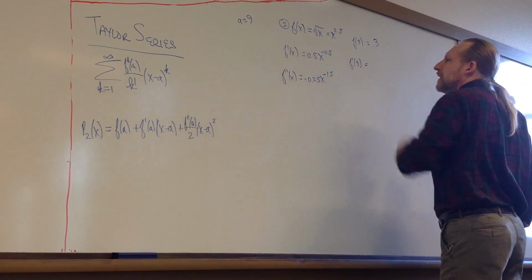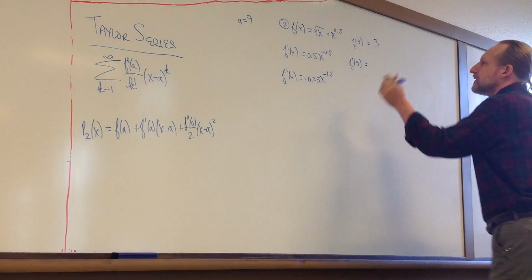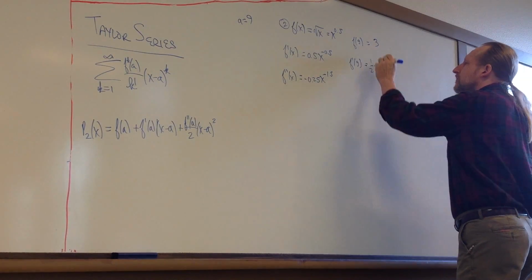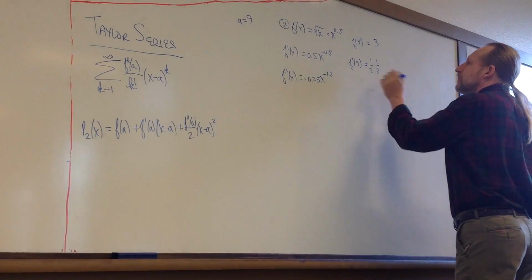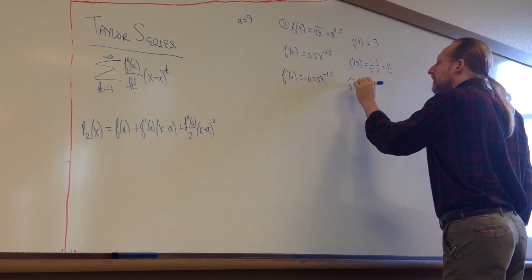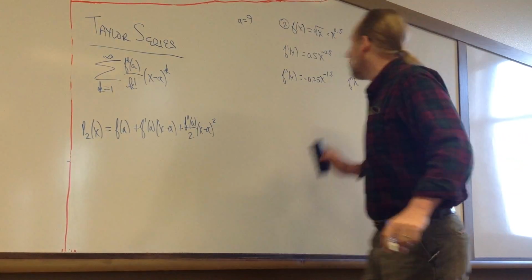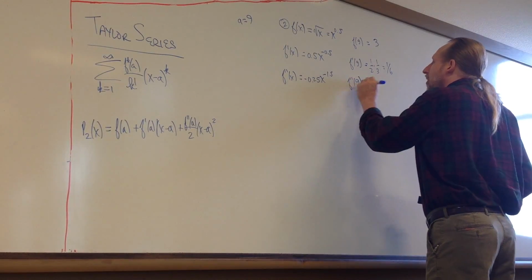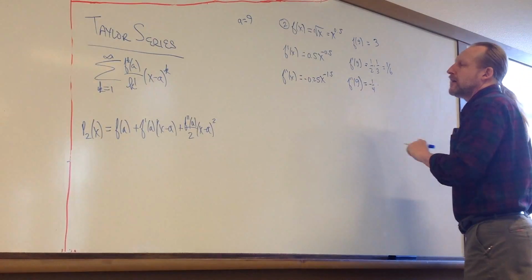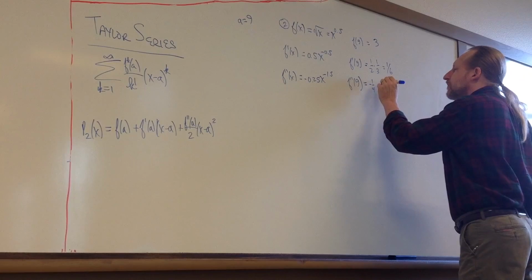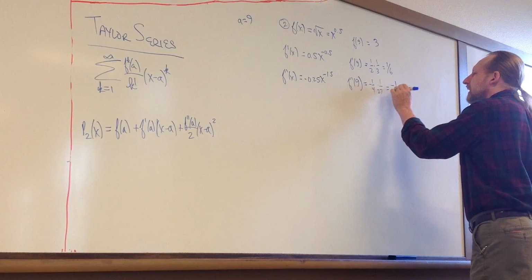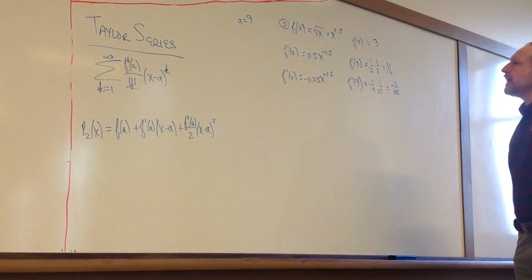F prime at a is going to be 1/2, and then a to the negative 1/2 power should be 1 over 3, so that would be 1/6. And then f double prime at 9, that's going to be negative 1/4 times, well, 9 to the negative 0.5, I believe, is 1 over 27. And so this is negative 1 over 108.